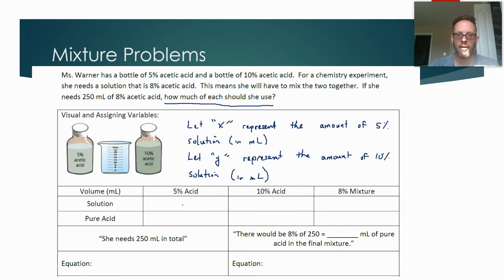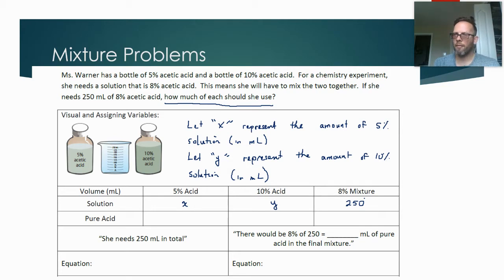We said that in our mixed solution, we're letting X represent the total amount of the 5% that's going into our solution, so X is how much we're pouring in of the weak. Y is how much we're pouring in of the strong. And in total, there's 250 milliliters. So that row there just keeps track of the total amount of each that we've put in.